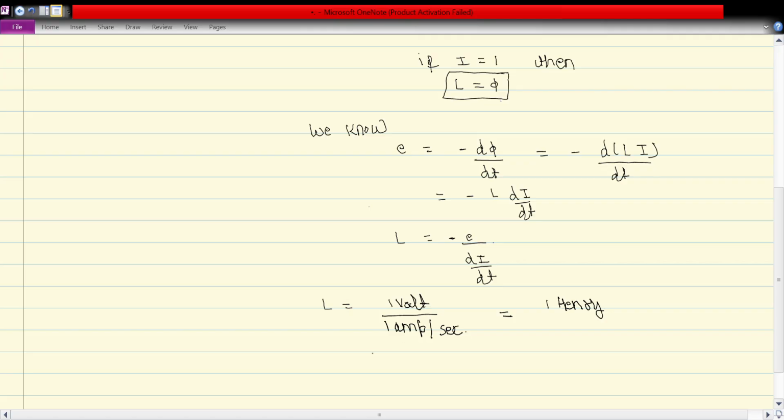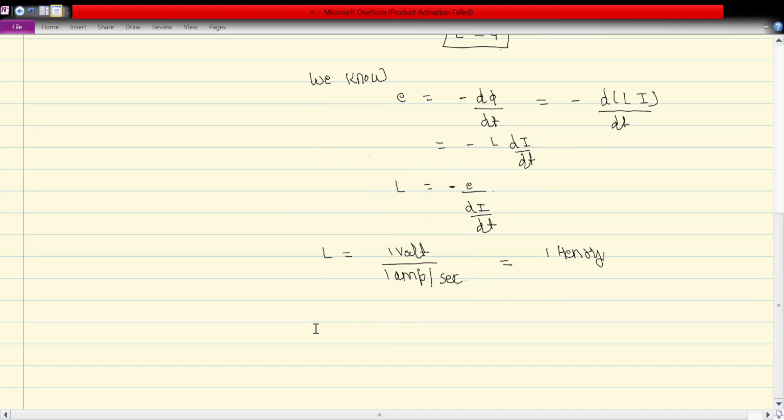Now we will discuss the dimension formula for L. So L is equal to E, only for magnitude, times dt upon di. Here E, the induced EMF, is equal to work upon charge. Work means energy.